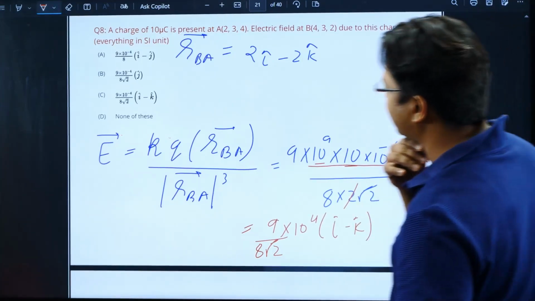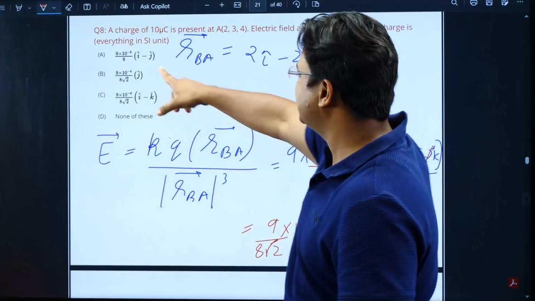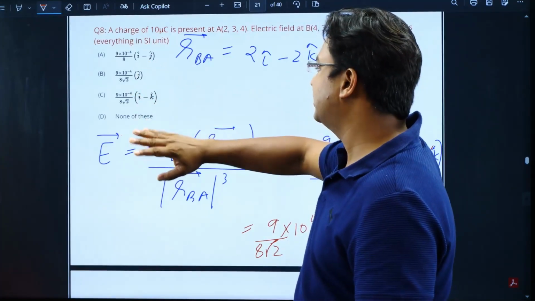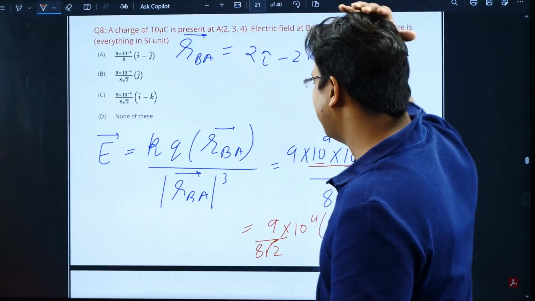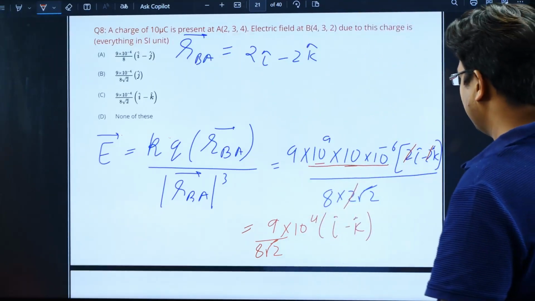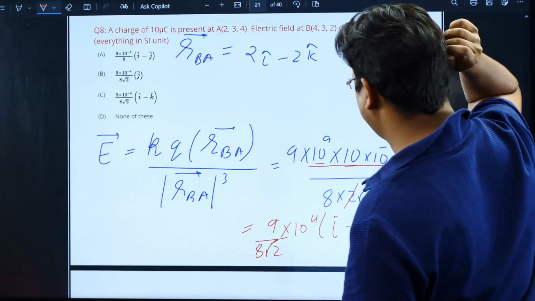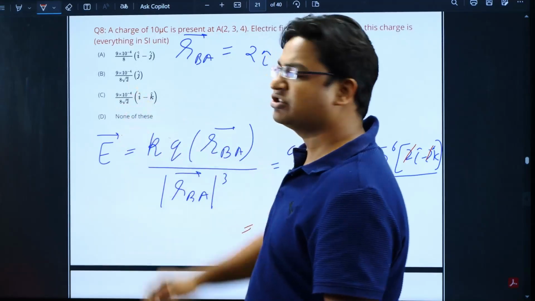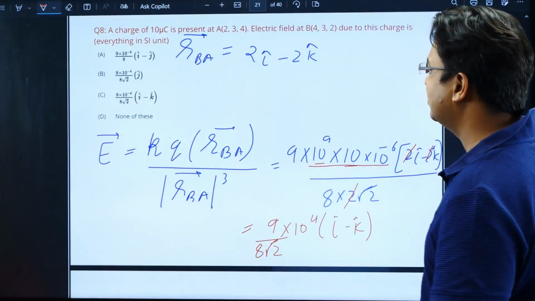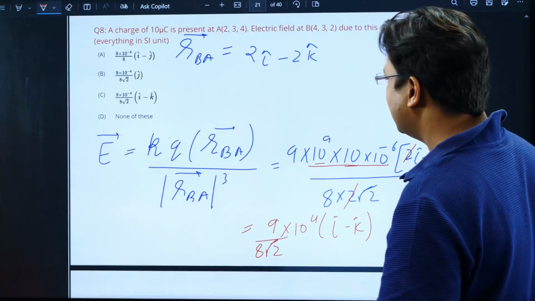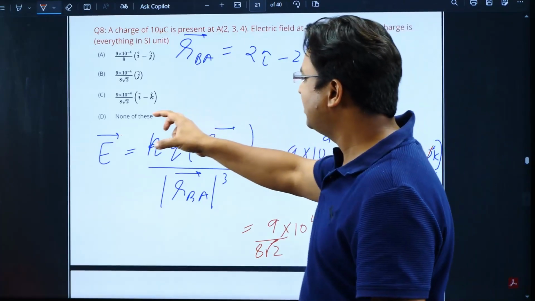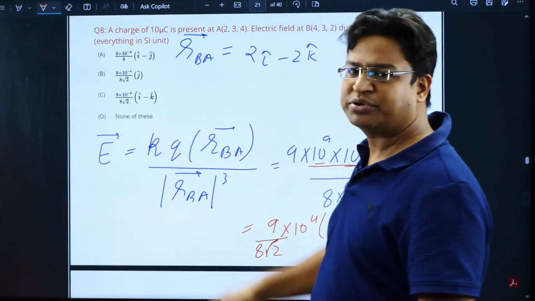Let's check whether this is present in the options. Option A is i minus j. I will not bother about checking the value, since this has j. Option C is i minus k, and the value is 9 into 10 raised to power minus 4. So I think option C should be correct.